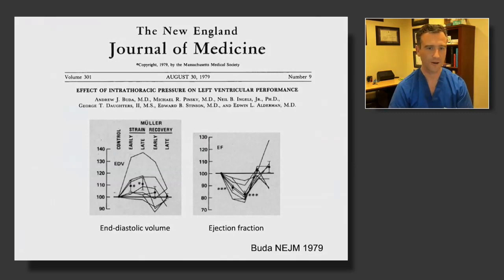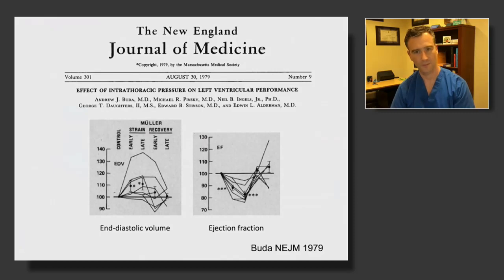So these are echocardiographic measurements made during a Muller maneuver. So the glottis is closed, and then the subject makes a vigorous inspiratory effort. And what you can see during the vigorous inspiratory effort, if you look first on the right, you see that the ejection fraction acutely drops significantly from baseline.